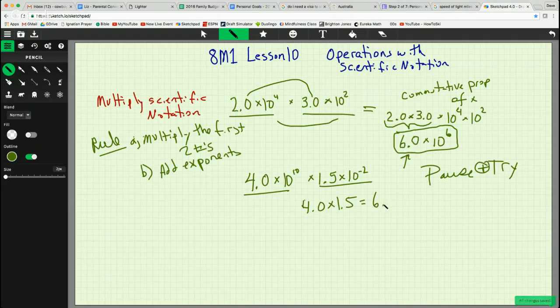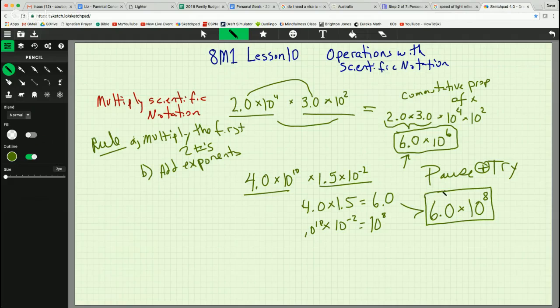And if you need to work that out on paper, you can. And then we say 10 to the 10th times 10 to the negative 2 is equal to 10 to the 8th. So our answer is 6.0 times 10 to the 8th.